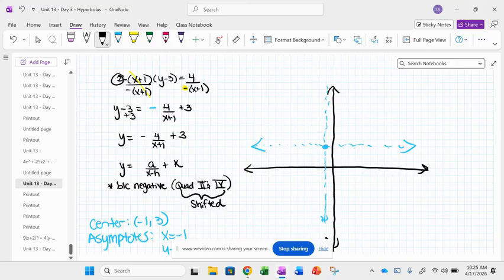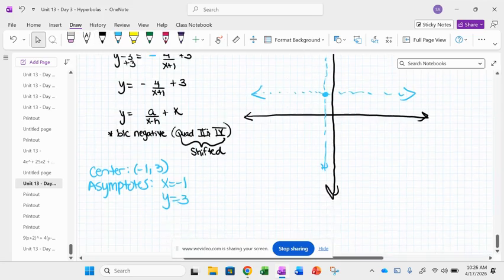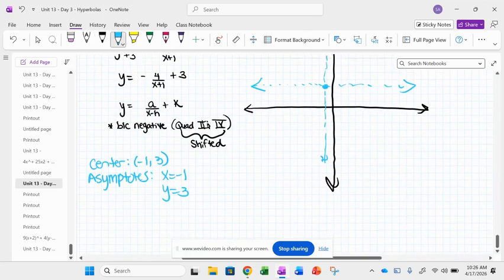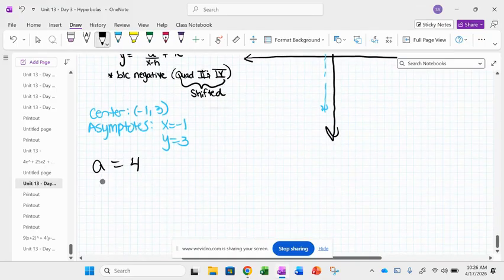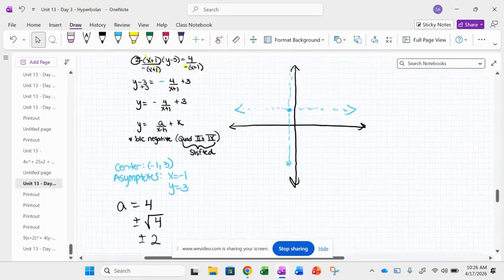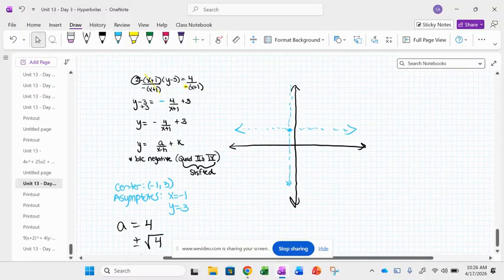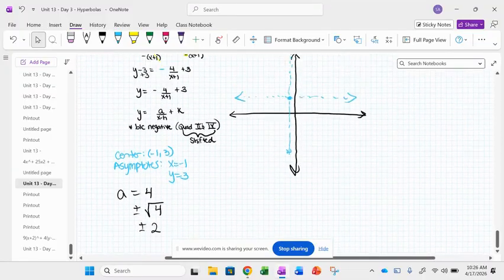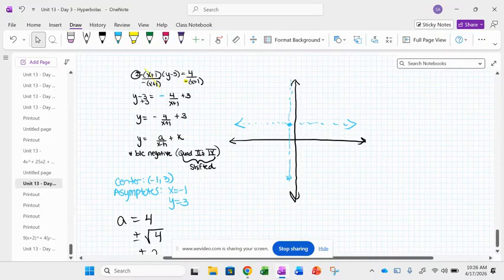Now, how am I going to find the vertices for these two curves? You go to your A. A equals 4. So we're going to take plus or minus the square root of 4, which is plus or minus 2. What does that plus minus 2 mean? We're going to move left, right, 2. Oh, sorry. Left, right, 2 in my appropriate quadrants.